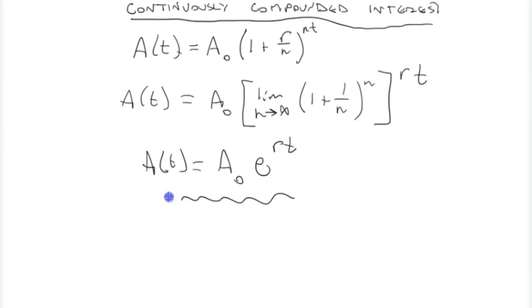Now this looks pretty familiar. This is a step that we eventually get to once we solve the differential equation of the law of natural growth. That means that when we continually compound interest, the rate at which A is changing is proportional to the amount of A that's there.